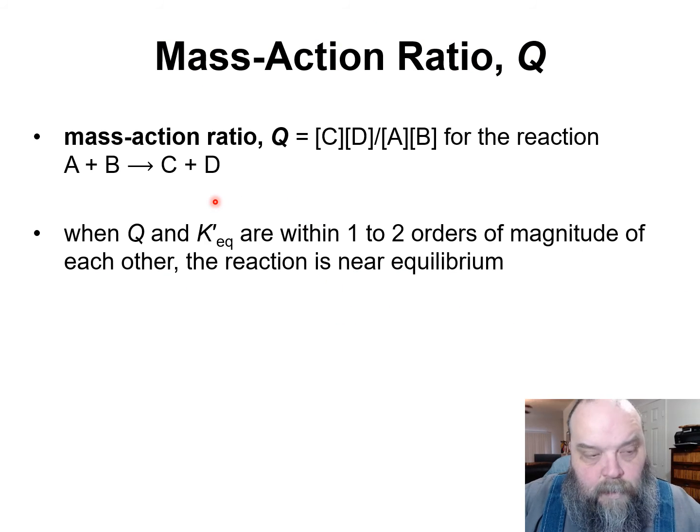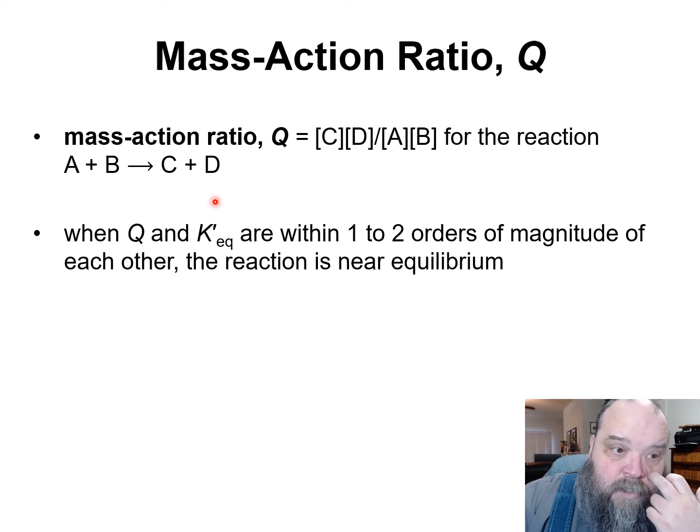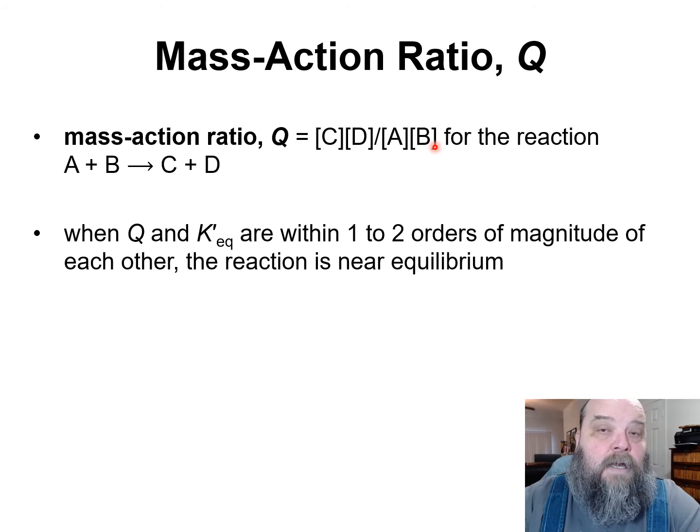And we see this when we look at the mass action ratio. Q equals the concentration of the products divided by the concentration of the substrates. Yes, this looks quite similar to the K prime equilibrium we talked about in section 1 of this chapter. But you remember the K prime equilibrium had the concentration of C to the C power, concentration of D to the D power, divided by the concentration of A to the A power, and so on.